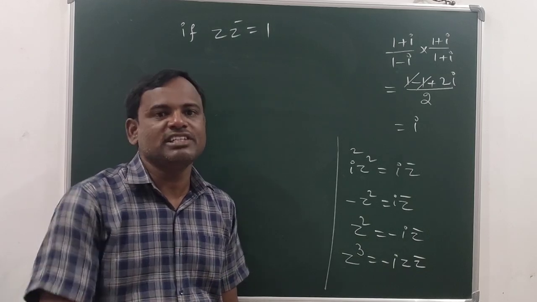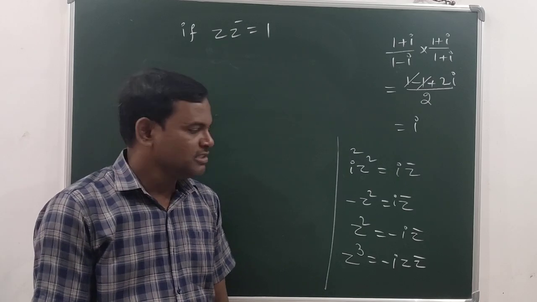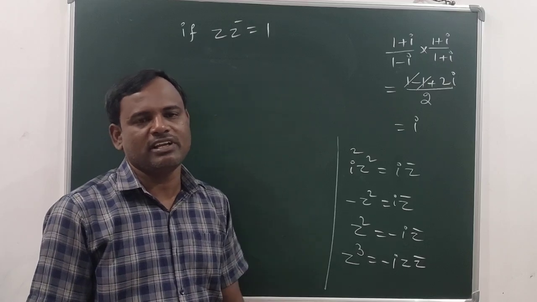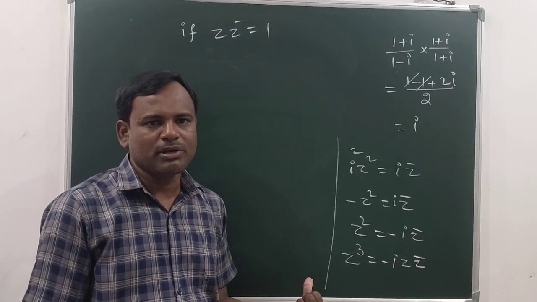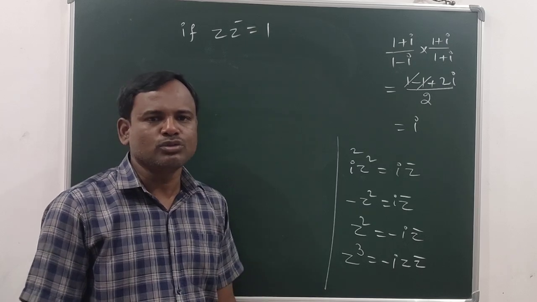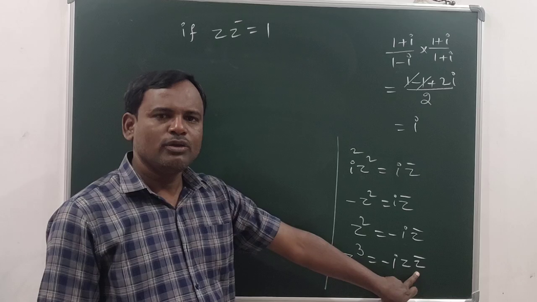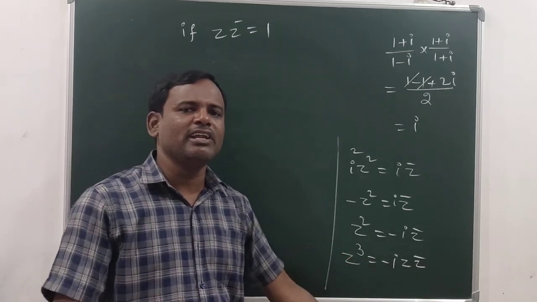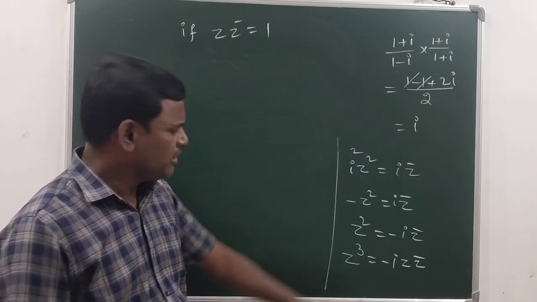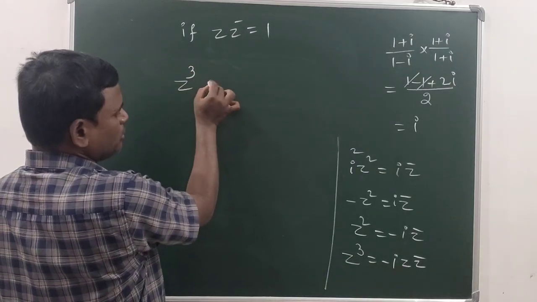We have to find how many roots it has. The given problem is to find the number of distinct complex roots of the given equation. So we don't require the roots, but how many roots it has. Z Z bar is a real number, and you can take any real number, so here I am taking it as 1. If you write this part as 1, then you will get Z cube is equal to minus i.